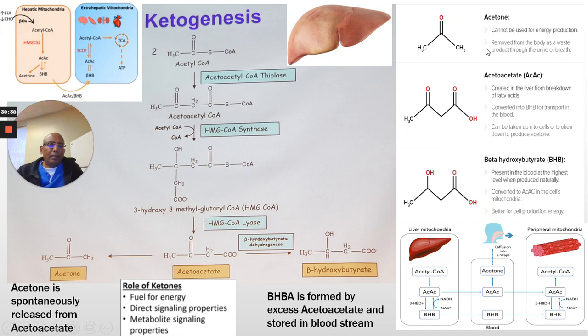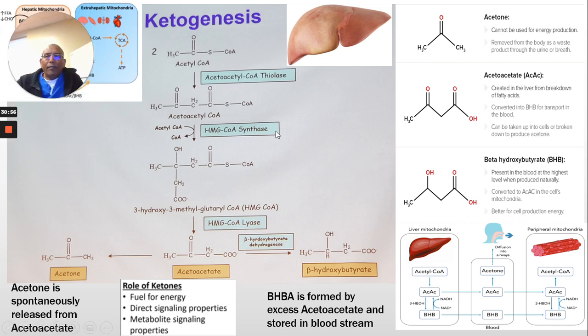So like here, this is acetyl-CoA, and two acetyl-CoA come together, and we form acetoacetate, and then acetone gets released, and we get beta hydroxybutyrate too. So obviously, it is not that complex a process, but these are water soluble and high energy molecules that help us.